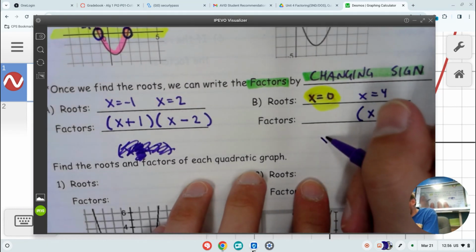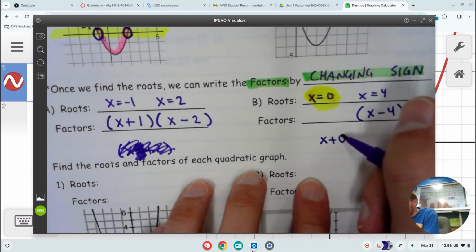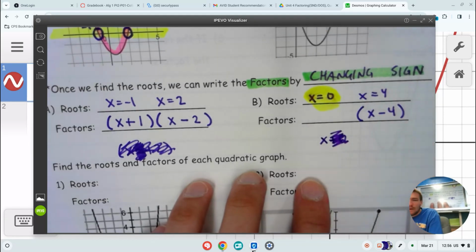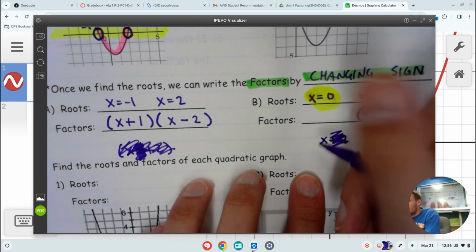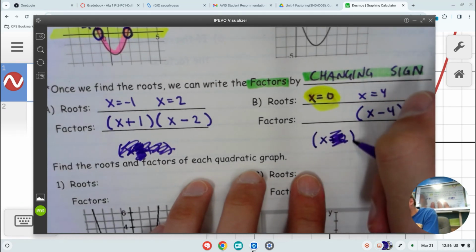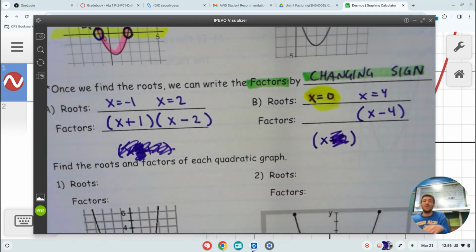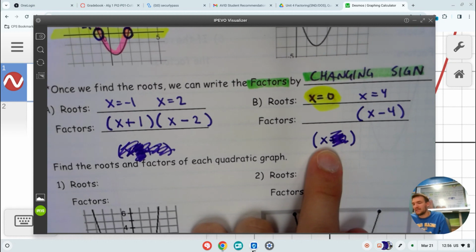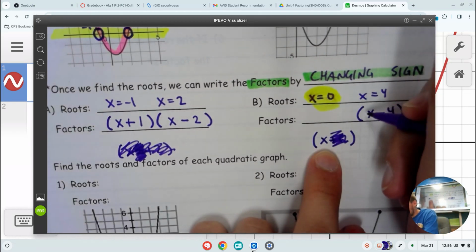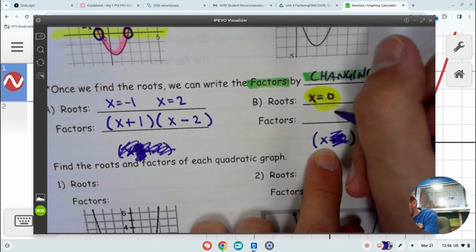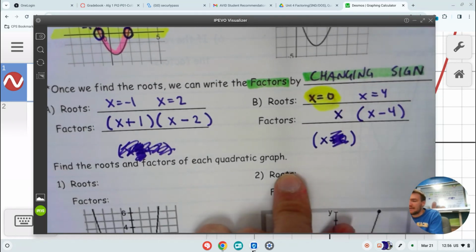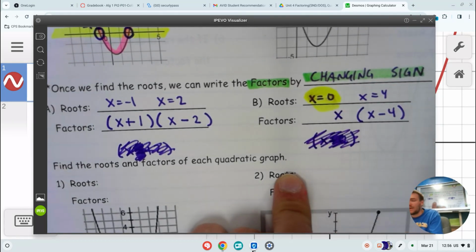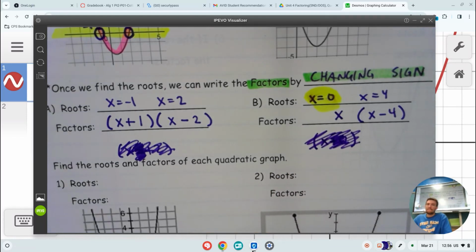If we're not going to write plus 0, because why would we write plus 0, do we need the parentheses? Because what parentheses do is group things together, but if the x is all alone, we don't need the parentheses. And so our factors, the best way to write it is just a plain old x with no parentheses.